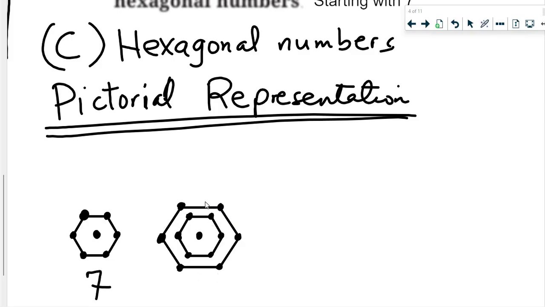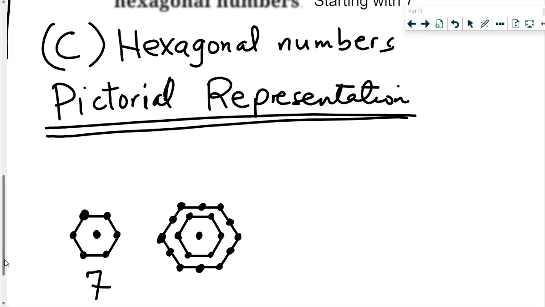Like this dot is here, this dot here, and you put another one exactly at the middle. This dot and this dot, exactly in the middle. This dot and this dot, exactly in the middle.